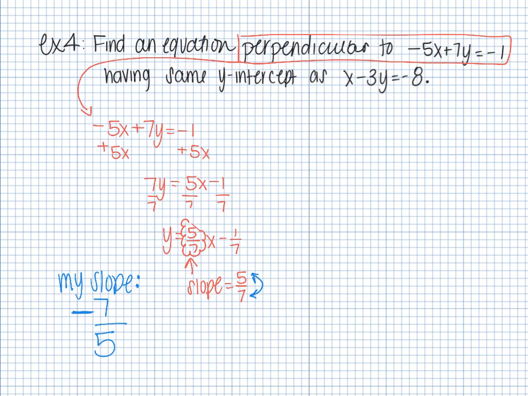Then the second part says, okay, we'll take that and make a y-intercept the same as this line. So I'm going to do the same thing, get it into slope-intercept form. So I'm going to subtract x. Divide by negative 3.